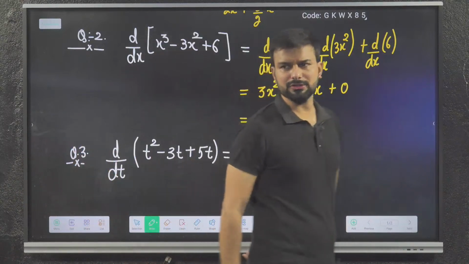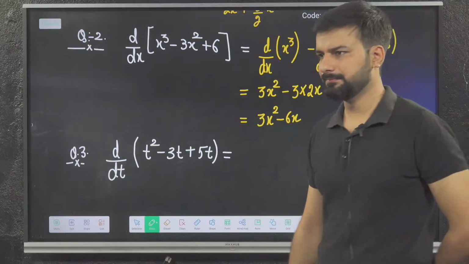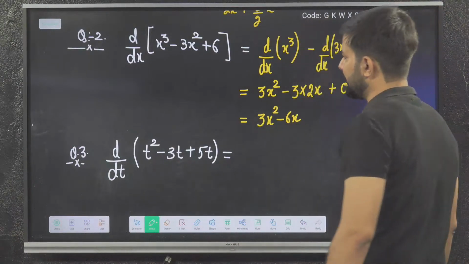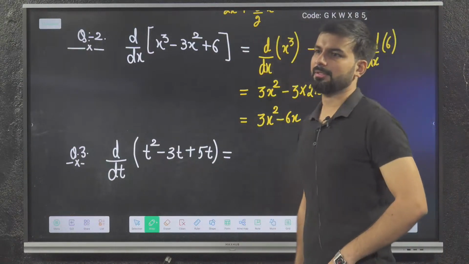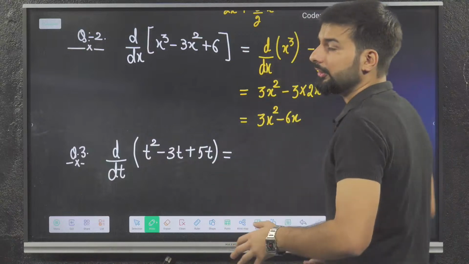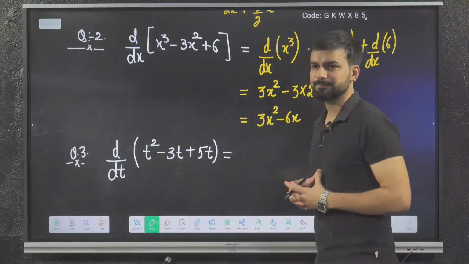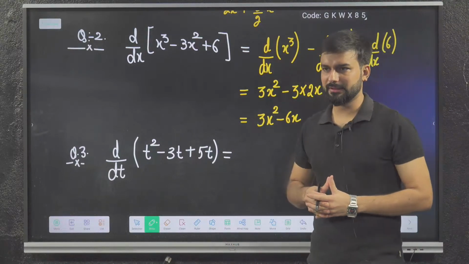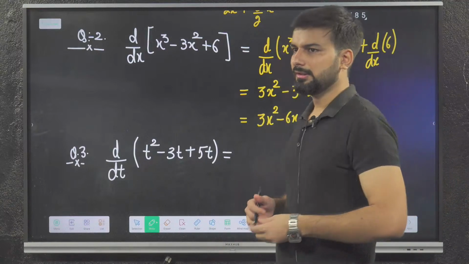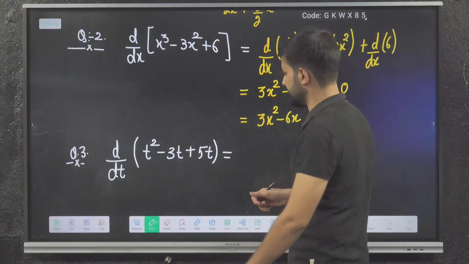Why have I asked this? Because this time I have changed the variable. So what is the variable you are having right now? Just see. Tell me the answer. What will be the answer for this?